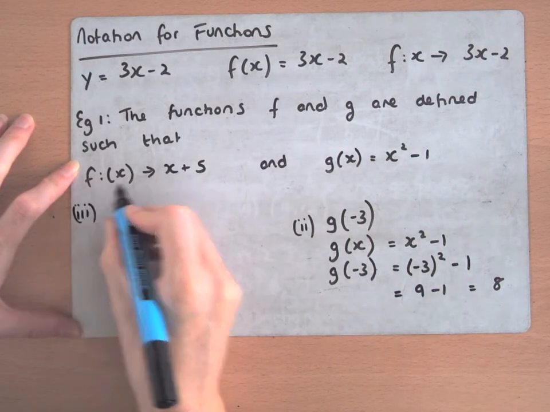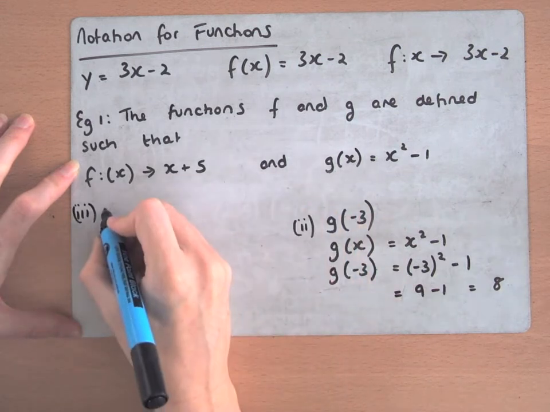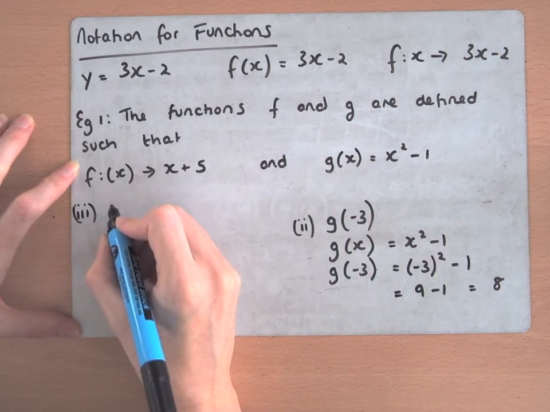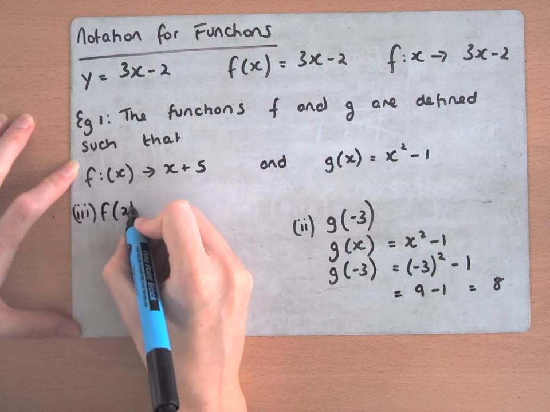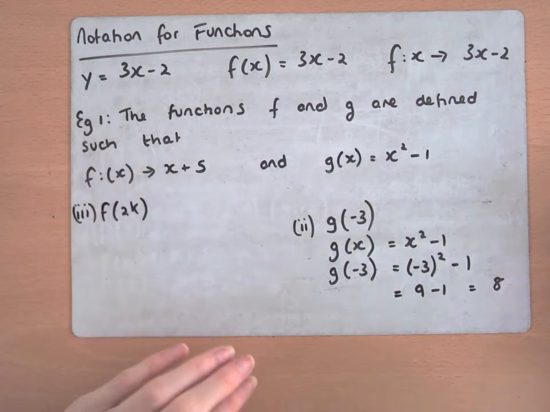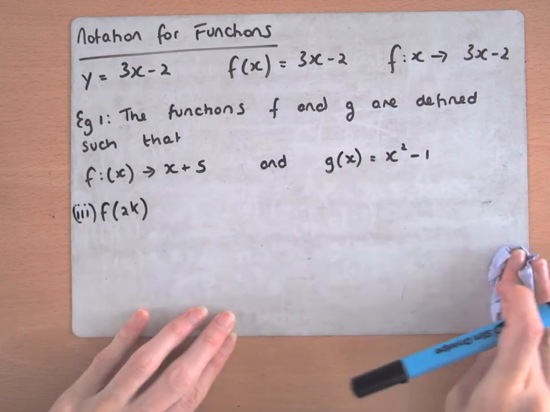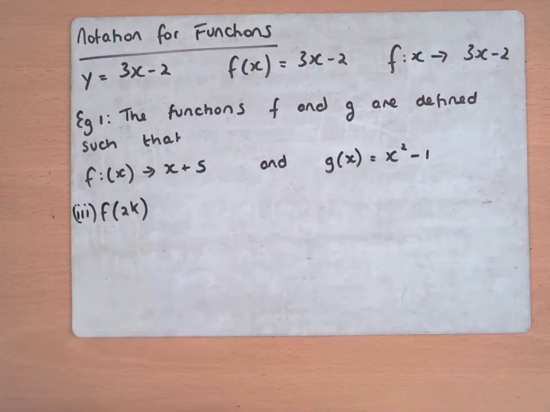We're using the same two functions here. Find f of 2k. F of 2k.